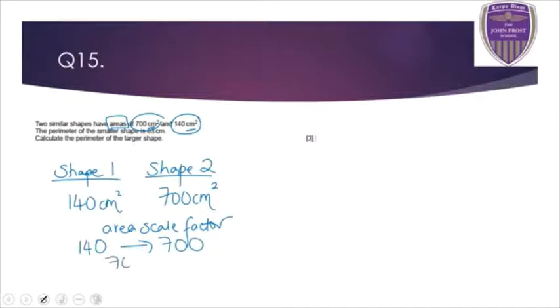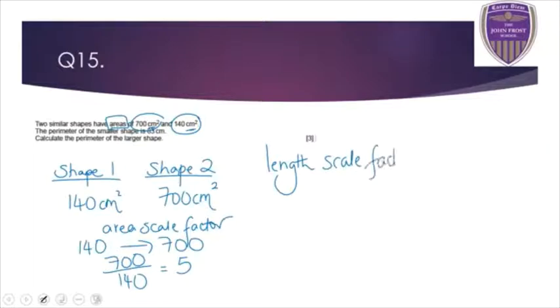Well, you do 700 divided by 140, which is 5. So if the area scale factor is 5, the length scale factor is the square root of it. And because it's not a square number, just leave it as root 5.